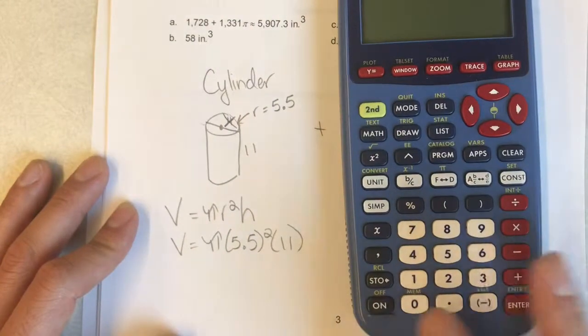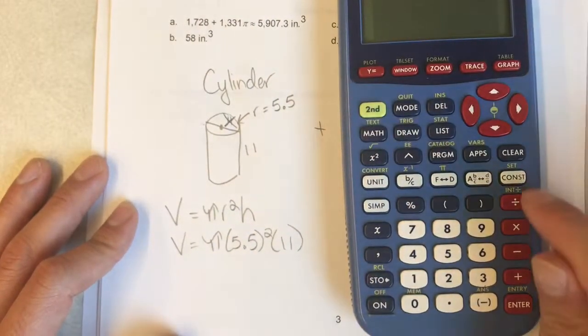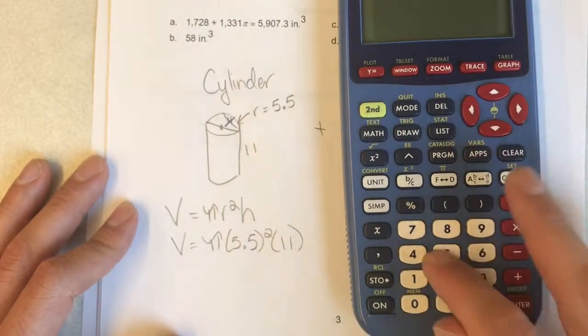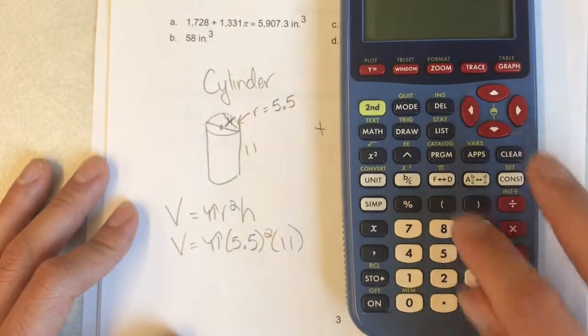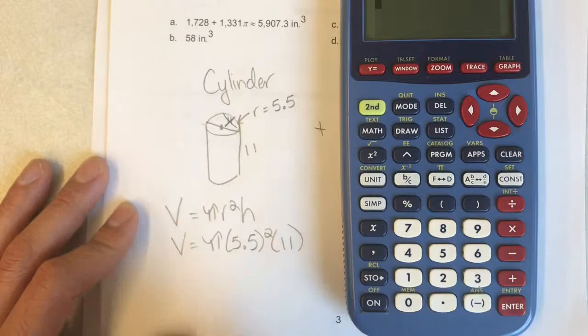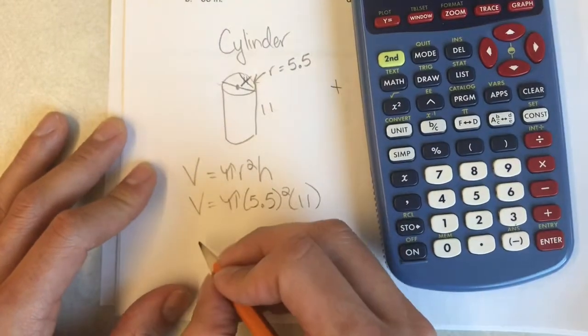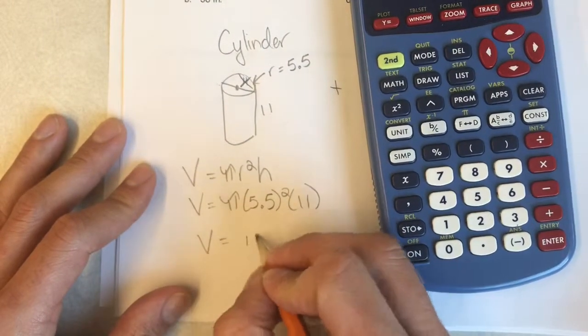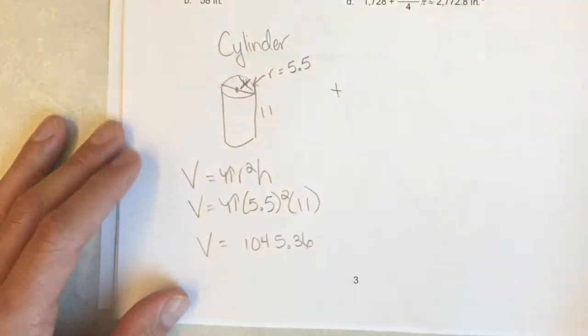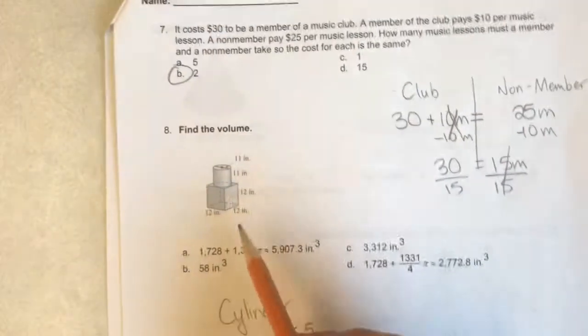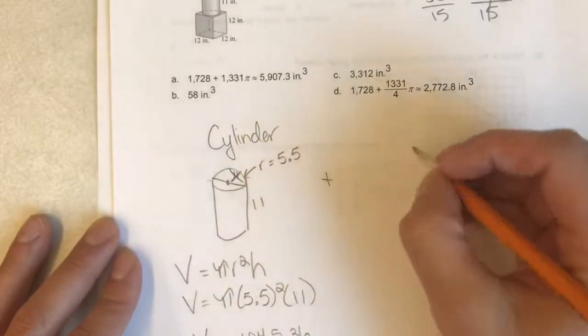So let's grab our handy-dandy calculator. Pi, 5.5 squared, 11. We have ourselves a volume of 1045.36.